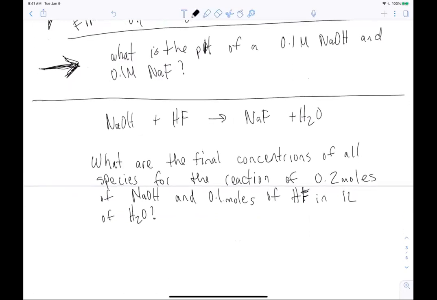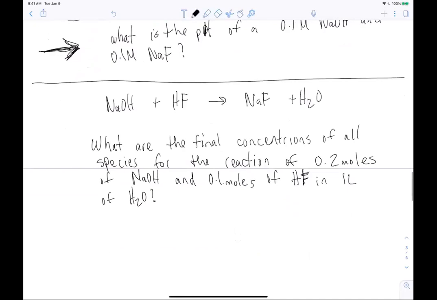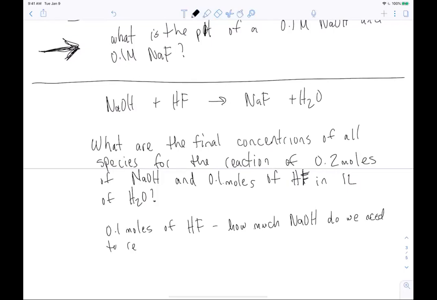Okay, so now you would go through and assume one thing is a limiting reagent, or you start out by posing a question. If I have, pick one, if I have 0.2 moles, actually, let me make it easy on myself, I'll pick the right one. If I have 0.1 moles of HF, how much sodium hydroxide do I need to react completely?